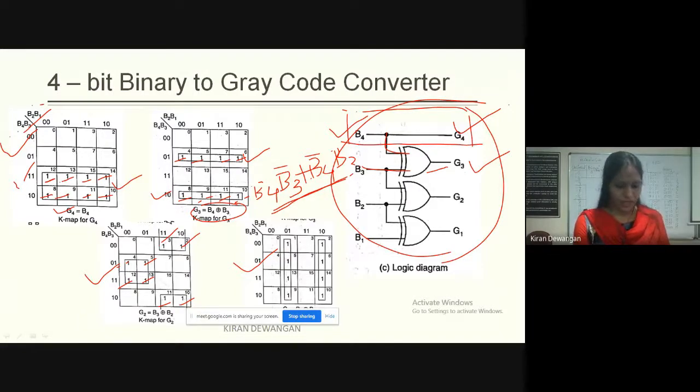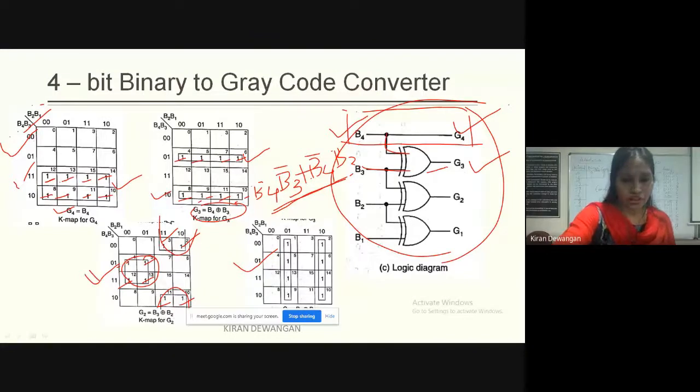Anyone? How many quads and pairs are there? Solving for G2, we'll have just 2 quads. This one is our first quad and this is our second quad. Correct. We'll have just 2 quads.